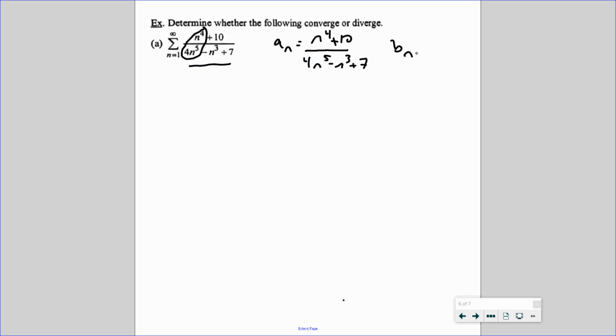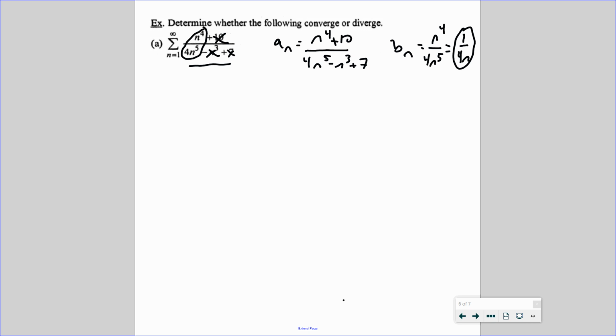Well, my b sub n, remember, I'm only looking at what matters most. The 10 doesn't matter, the n cubed doesn't matter, and the 7 doesn't matter. What I'm really looking at is this n to the 4th over 4n to the 5th. And if I can even reduce that, this is really 1 over 4n. And if you really want a lot of fun, you don't even worry about the 4, just make it 1 over n.